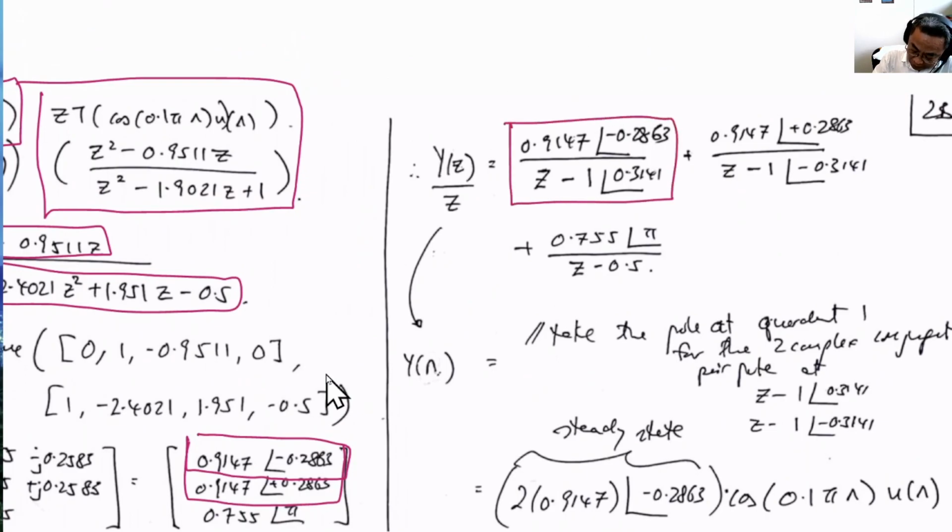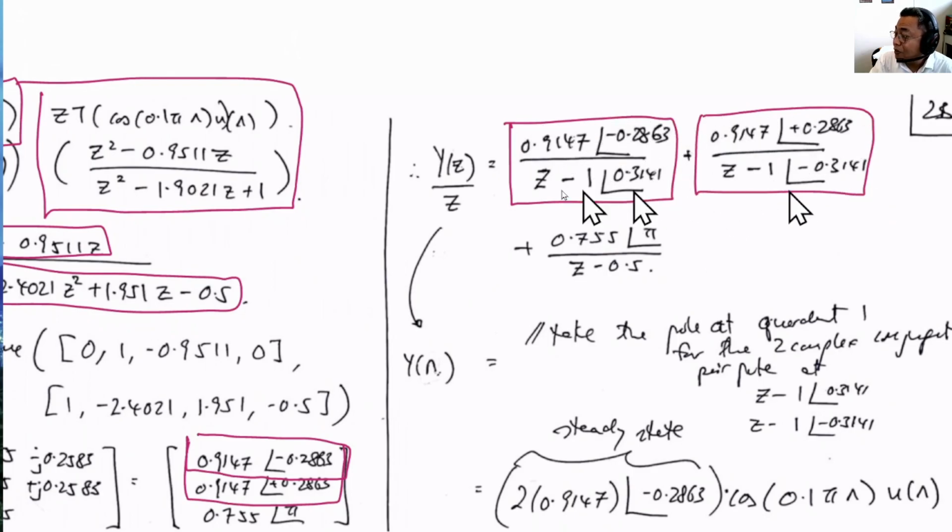You manipulate such that you realize that you have a quadratic term as the pole, and as well as the numerator. So these are pairs: 0.91 minus 0.28, 0.91 plus 0.28. So this is 1, 0.3. This is 1 minus 0.3. So the values of the numerator and the values of the pole have conjugate terms.